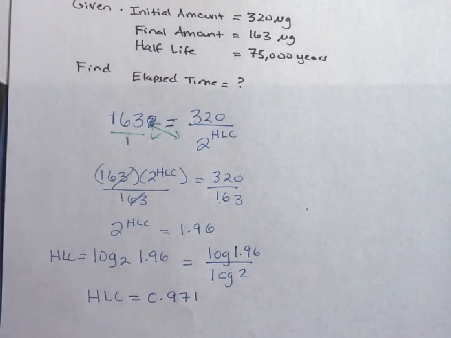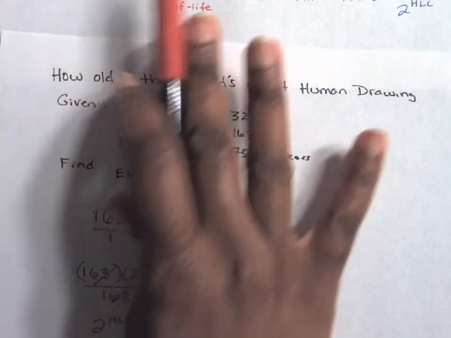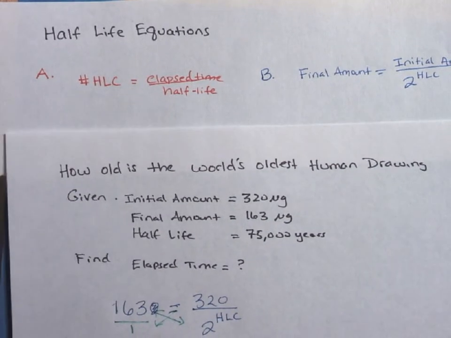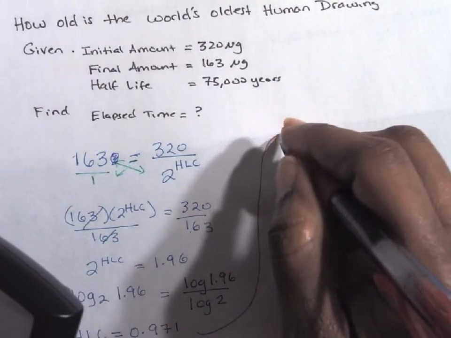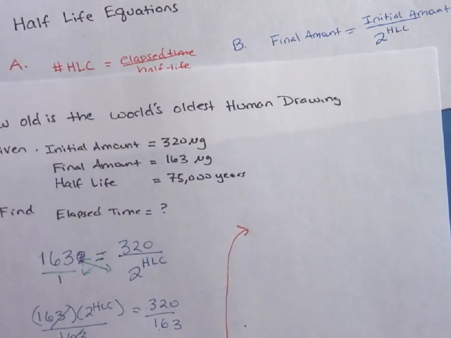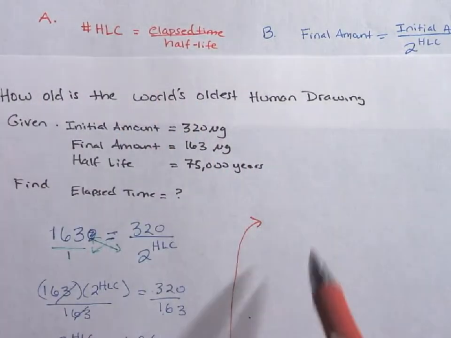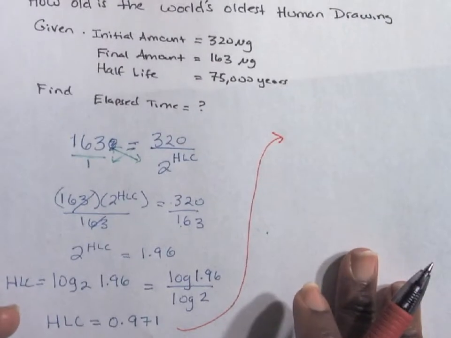Okay, now we're going to take our HLC and we are going to plug it into the second equation, equation A, which is the one we're going to use second, since that's where our find is. We're asked to find the elapsed time. So let's go ahead and I'm going to take this information up here. Now in this equation, I have my HLC, so I'm going to plug that in, which we got from down here, 0.971.